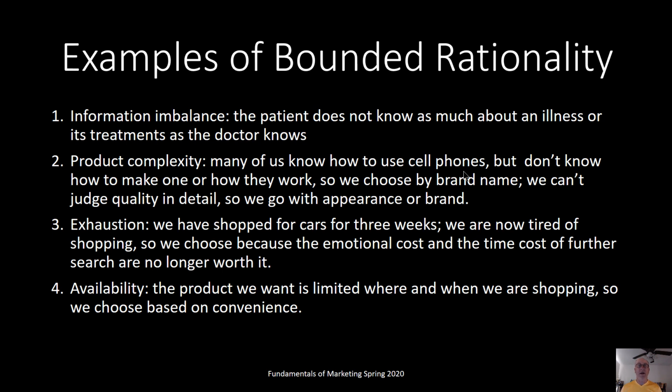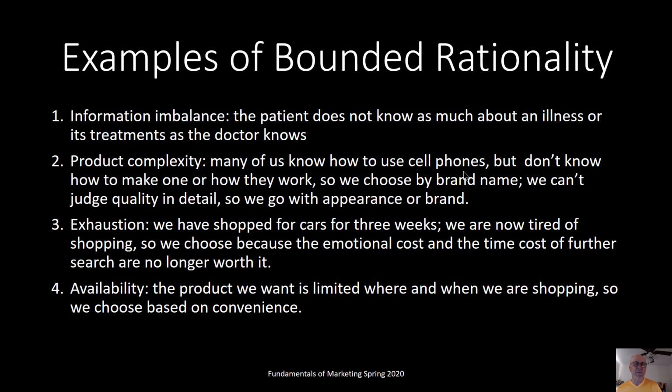Product complexity. I don't know how to pick the best cell phone. I don't know the technical aspects of a cell phone. I don't know the technical differences between one model of Samsung and another most of the time. The products are complex. I know how to use those things for what I want to do with them. Send text messages, look at my Facebook page and so on.